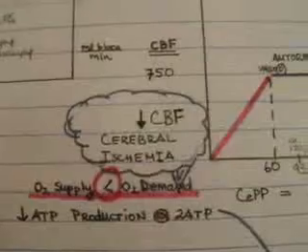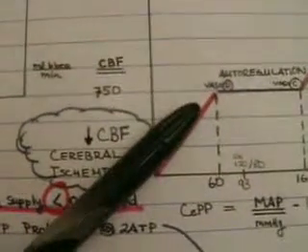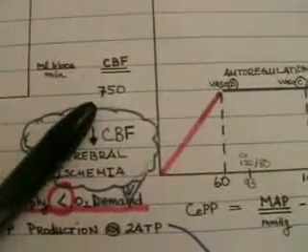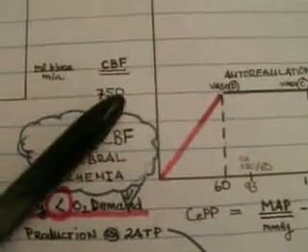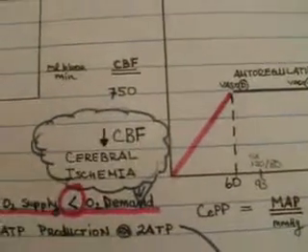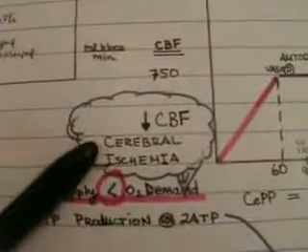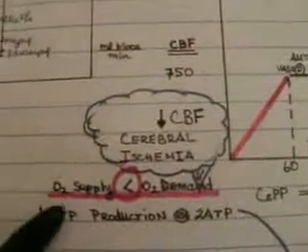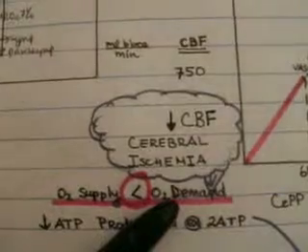So if we were to say that the cerebral blood flow now begins to diminish and no longer supplies the brain with approximately 750 mLs of blood per minute, and now begins to decline to perhaps even 300 mLs of blood per minute, the brain will now start to suffer from a cerebral ischemia, in which the oxygen supply no longer meets the oxygen demand.